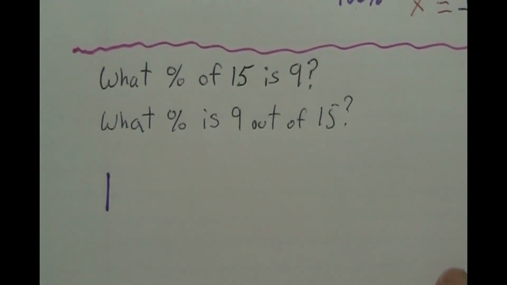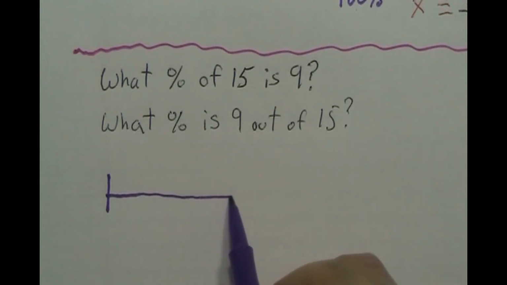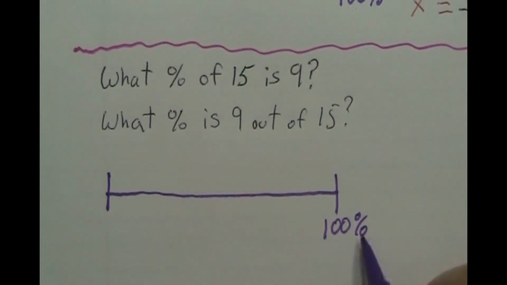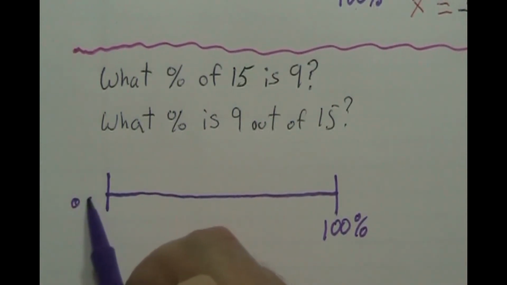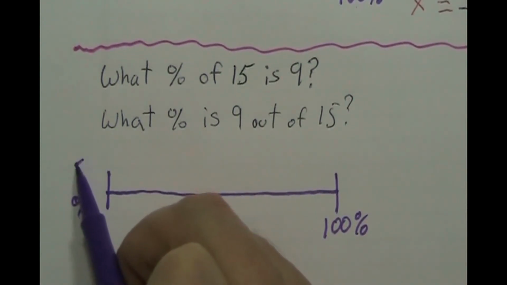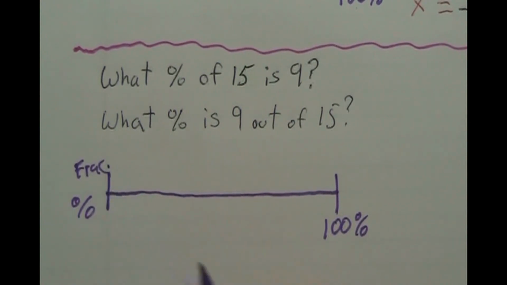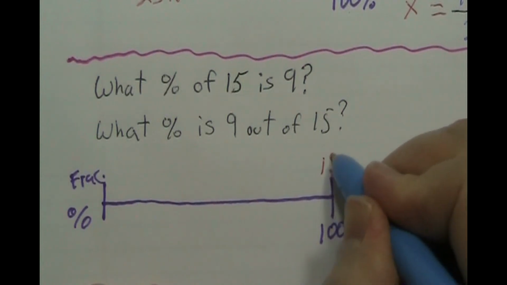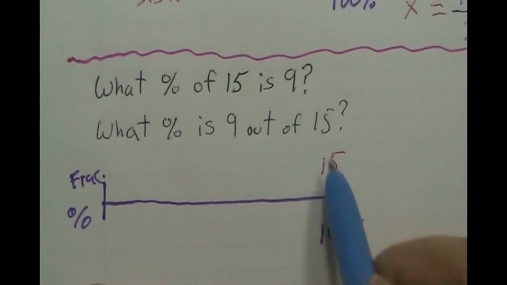Okay, I'd go ahead and make my model, so I have a picture in my mind. This is 100%. Remember, the bottom here is percent and the top is the fraction. It wants to know what is 9 out of 15. Out of 15, 15 is the total, and we want to know 9 out of 15.